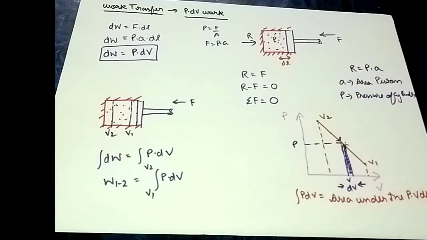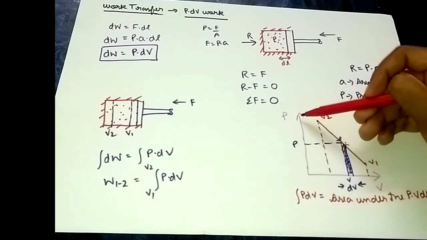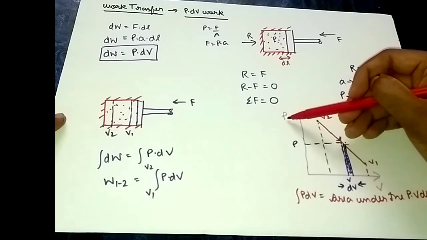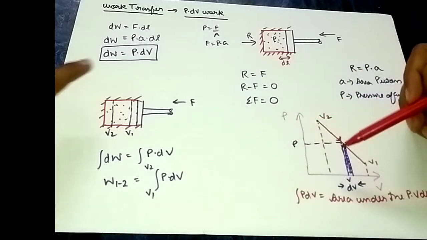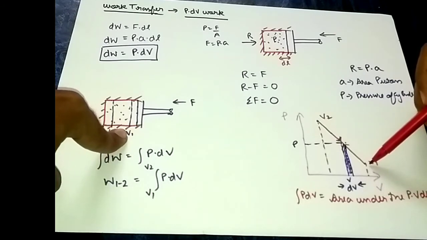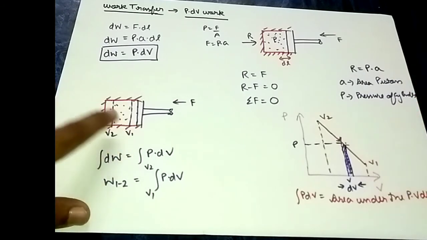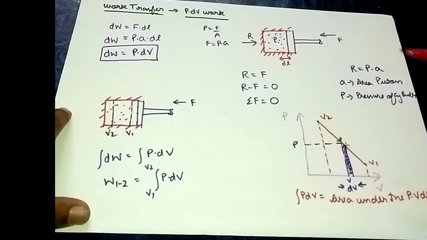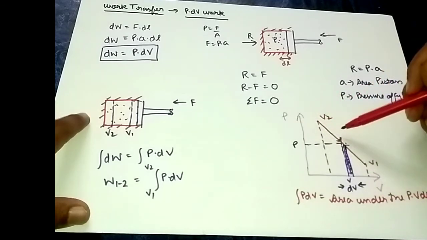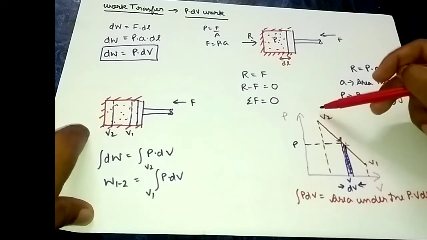I'll explain this once more. I'm drawing a graph with pressure P and volume V. The volume at the initial stage is V1. When I compress it, the volume will be V2. I join these two points, and it is moving from volume V1 to V2.